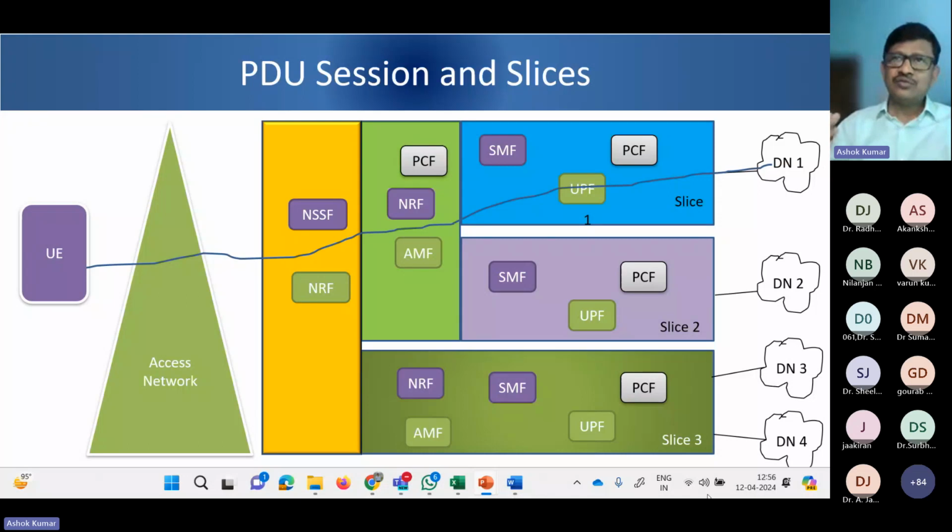So when I do RAN slicing, most of the frequency resources I'll allocate to the URLLC slice for autonomous cars and a small part for eMBB, because there will be travelers also who want to use the eMBB part. So based on application and use case, I would be configuring the slices. This is the way 3GPP has defined it in Release 17.